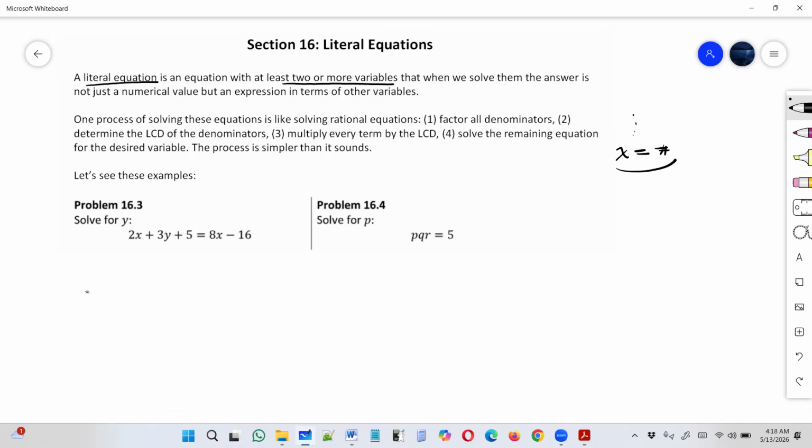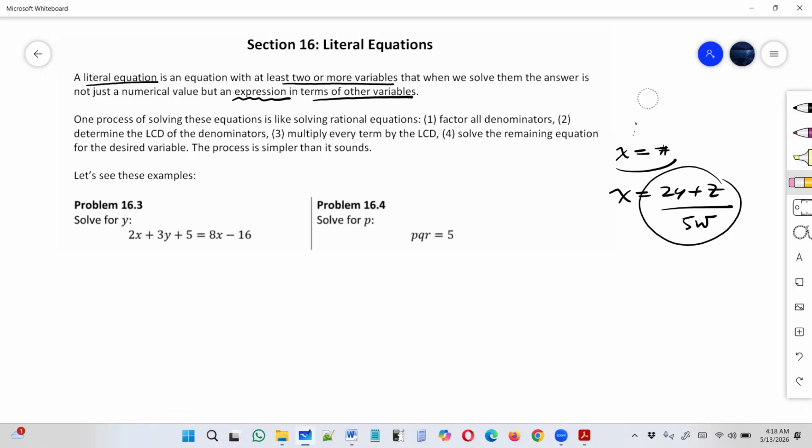So when we solve the equation, the answer is just not going to be a number. It's going to be an expression in terms of other variables. So we might have, for example, x equals (2y plus z) over 5w, for example. So this is what we call a literal equation. So it's an equation that is solved for one variable in terms of other variables.